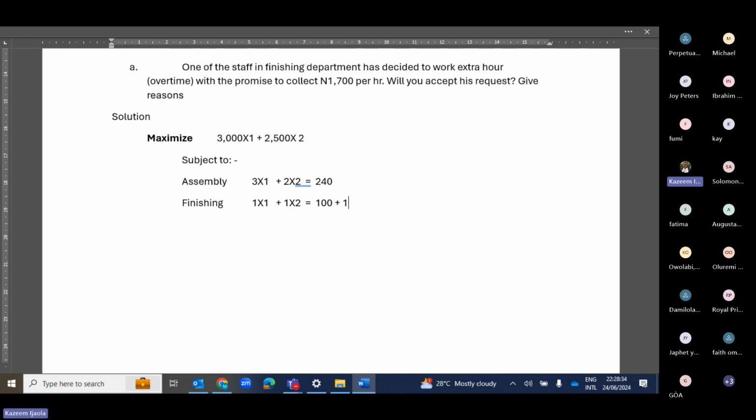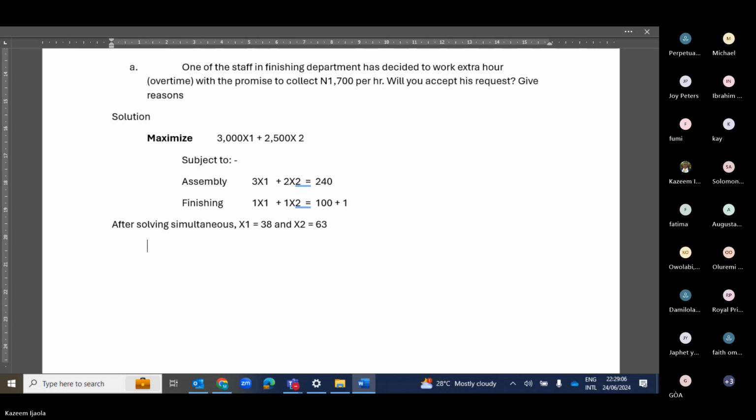I will not show the work, so you can try it on your own. If you solve it simultaneously, x1 is equal to 38, and x2 is equal to, I'm checking what we got in class, 63.